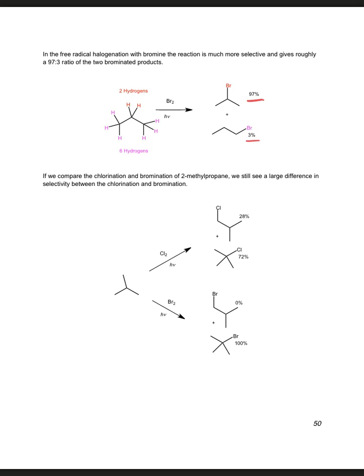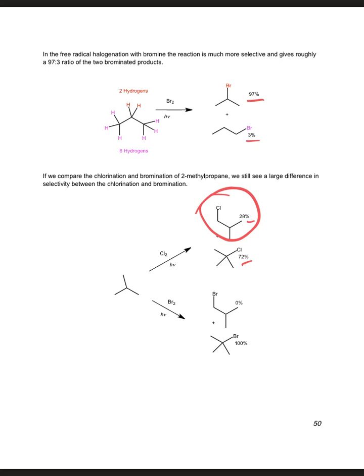Okay. If we compare the chlorination of 2-methylpropane and the bromination of 2-methylpropane, the chlorination goes 72-28, so it's a little better than the 60-40, but there's still 28% where the chlorine goes where we don't want it.